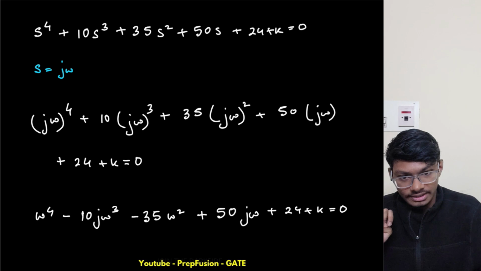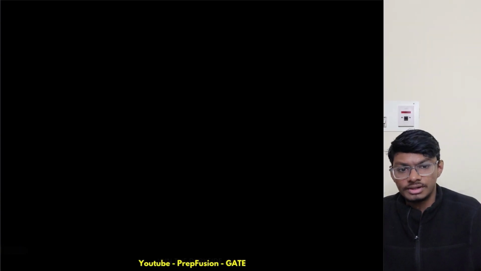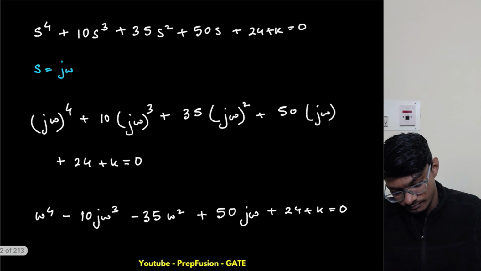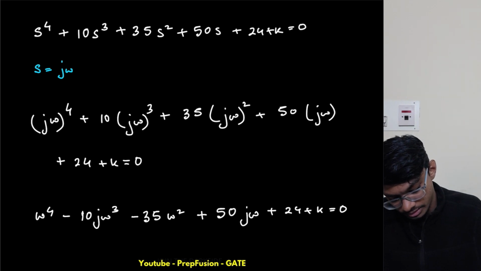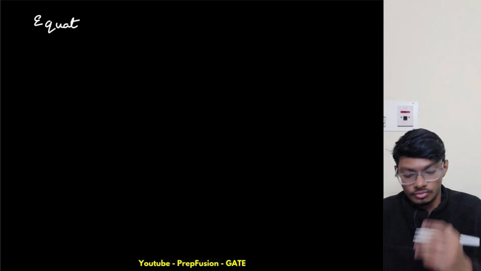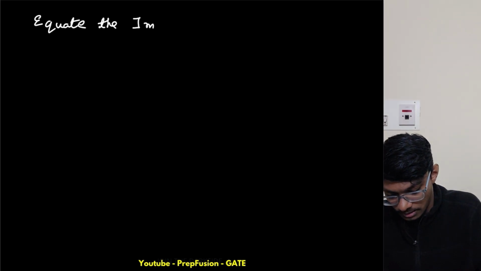So now what else do I need to write? I need to equate the real and imaginary parts. First I will equate the imaginary parts, because I have only 2 terms here. That is looking easier to me. Equate the imaginary parts to 0.